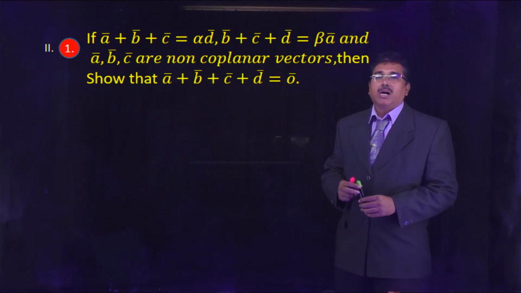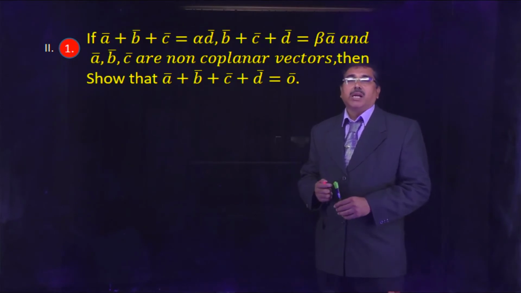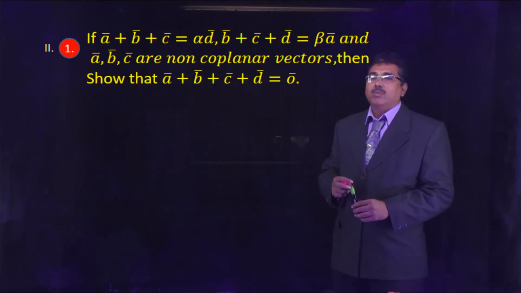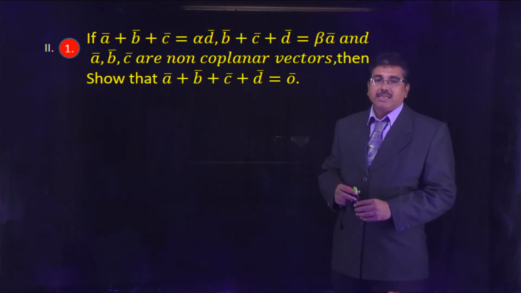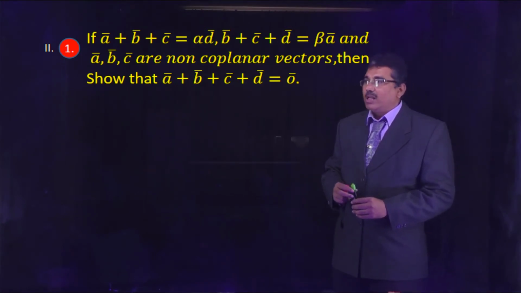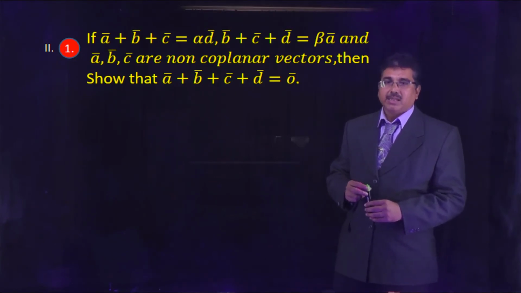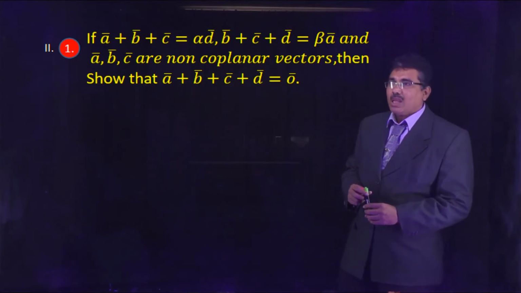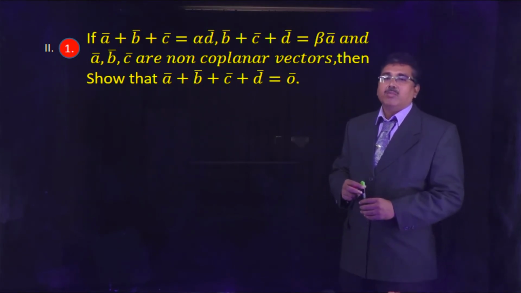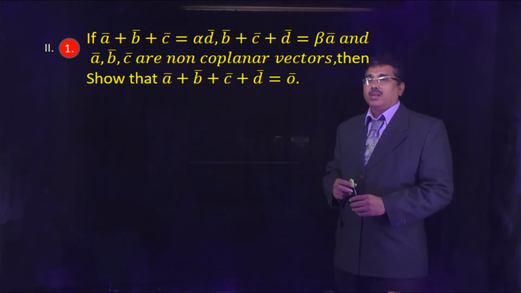If a bar plus b bar plus c bar is equal to alpha times d bar, and another relation, b bar plus c bar plus d bar is equal to beta times a bar, and a bar, b bar, c bar are non-coplanar vectors, then show that a bar plus b bar plus c bar plus d bar is equal to 0 bar. That is our aim.